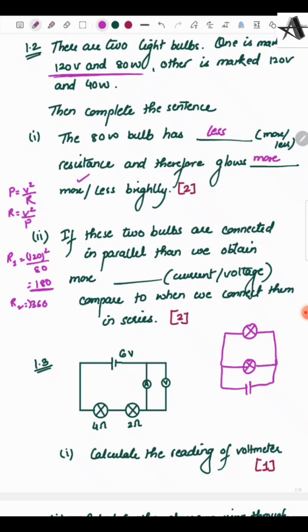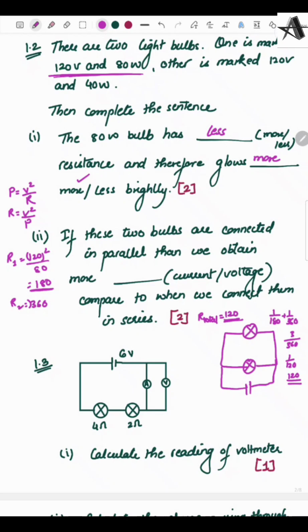When I connect in parallel, the total resistance will be 1 over 180 plus 1 over 360, because we just saw that the resistance of the first one is 180, the second one is 360. So this will be 3 over 360 or 1 over 120. Reciprocating it, I'll get 120 as my answer. So total resistance in this case is 120.